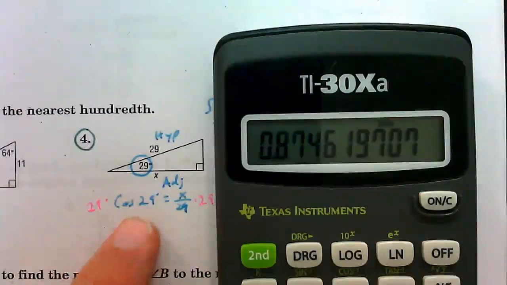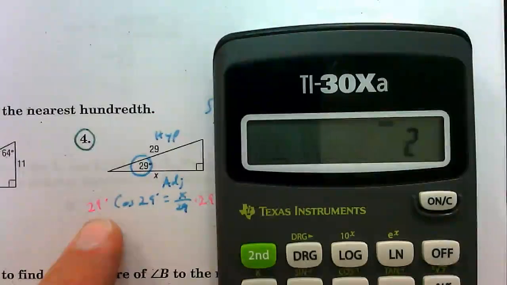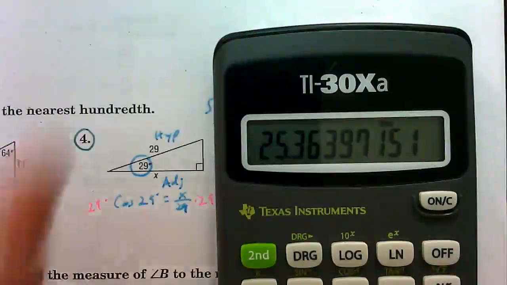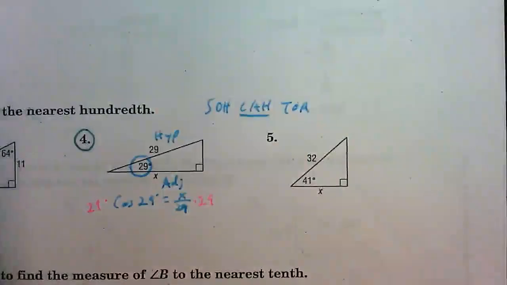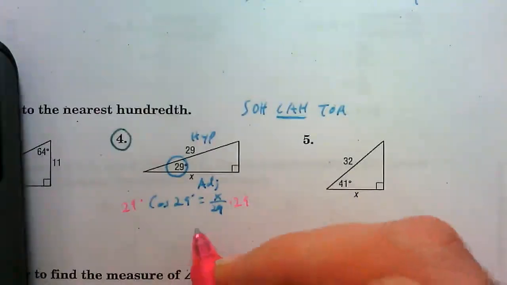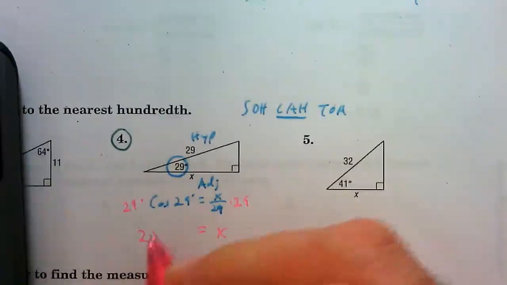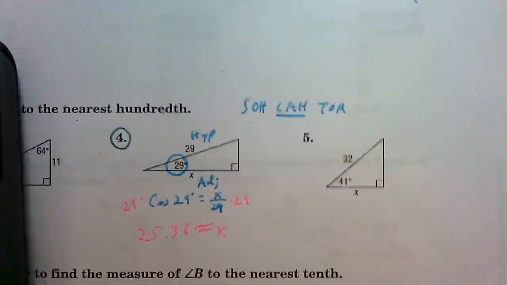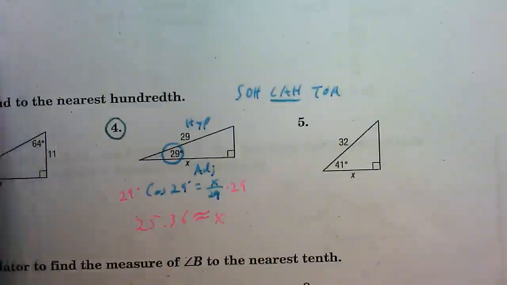And again, if you want to write that out as a number first, you can. And then that times the 29 that's over here, so times 29 equals 25.36. Right, so again, x equals 25.36. That's our final answer.